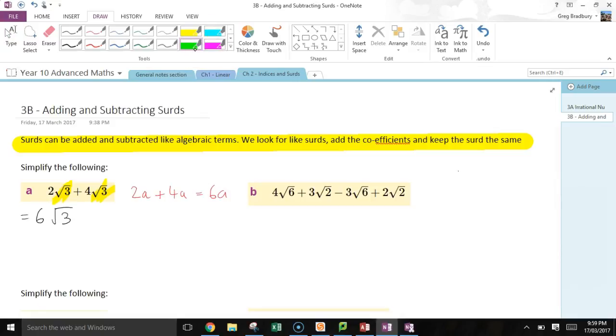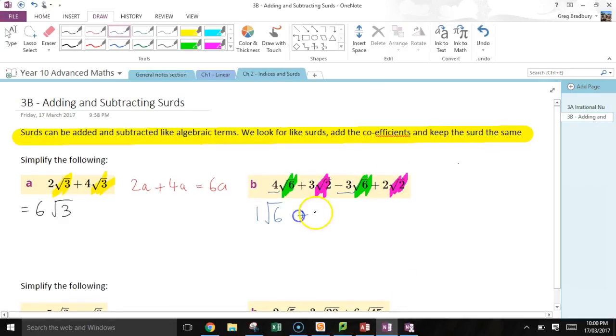In this second example B, we've got some root 6's, and we've also got some root 2's. We can add the root 6's together. So we've got positive 4 minus 3, and that's going to be 1, one group of root 6. Now the second one, we've got 3 root 2's plus 2 root 2's, and we have 5 root 2's.